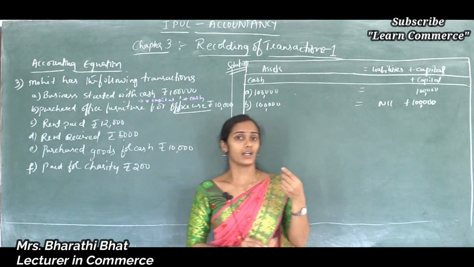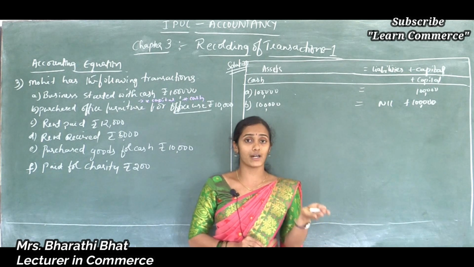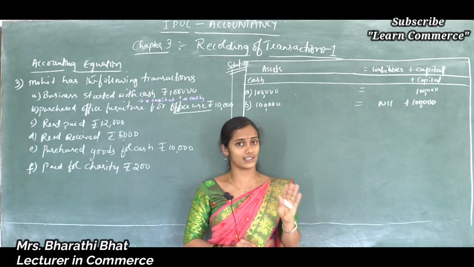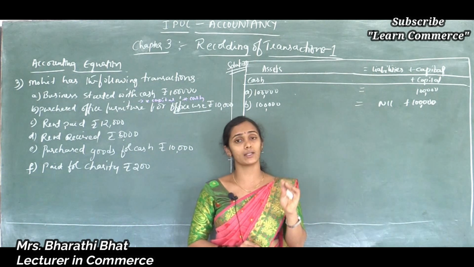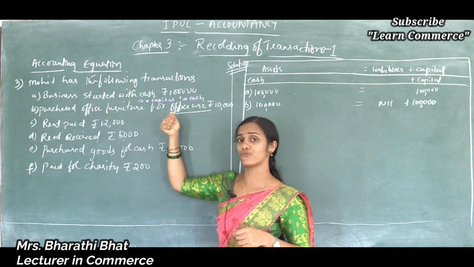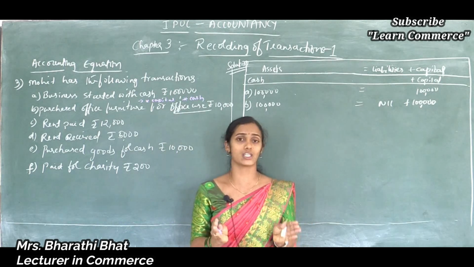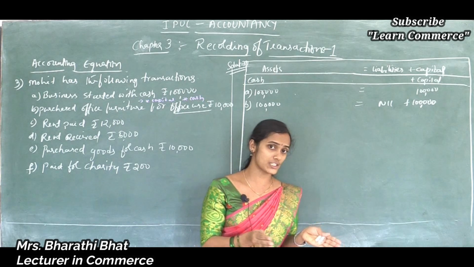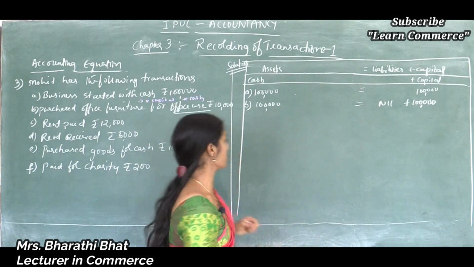See, if the owner purchased anything for personal use, then it does not affect the business account. But here he purchased office furniture for office use, so it is a product purchased for the purpose of business activity. So what are the two accounts affected here?